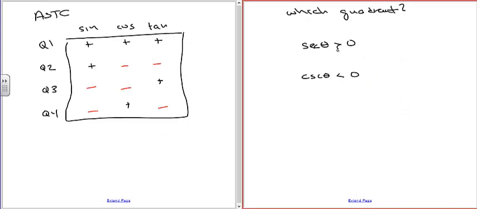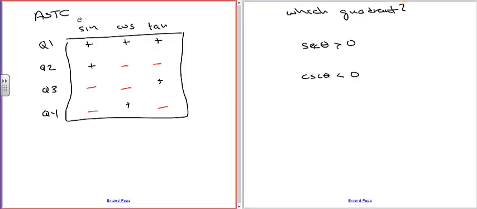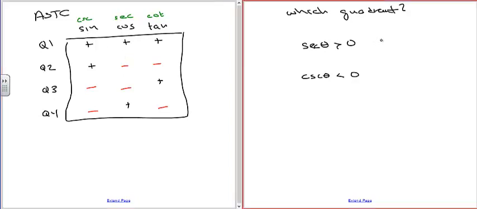Okay, here's another one. Another thing you can say is that the sine and the cosecant, the cosine and the secant, and the tangent and the cotangent have the same sign. So the secant is greater than 0 in the first and fourth quadrants.